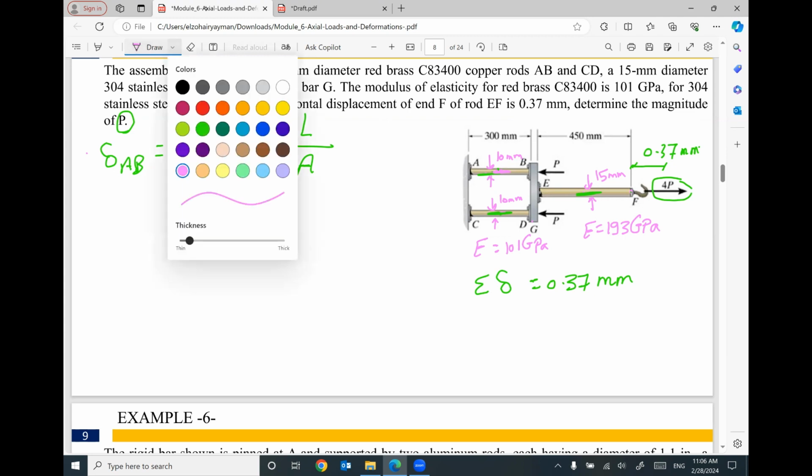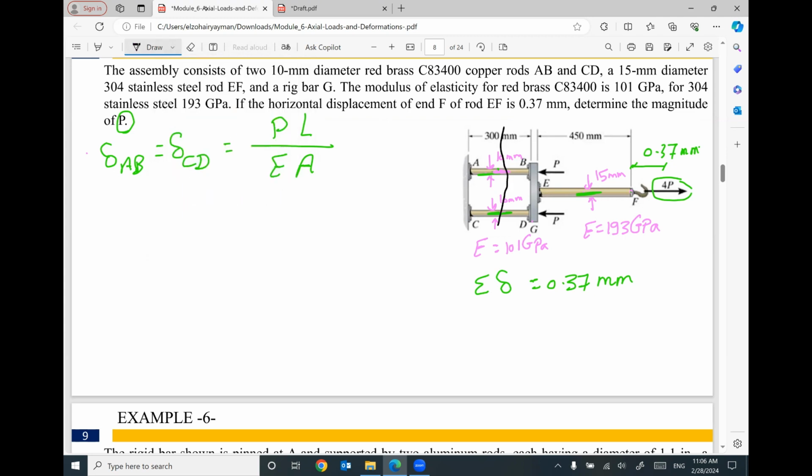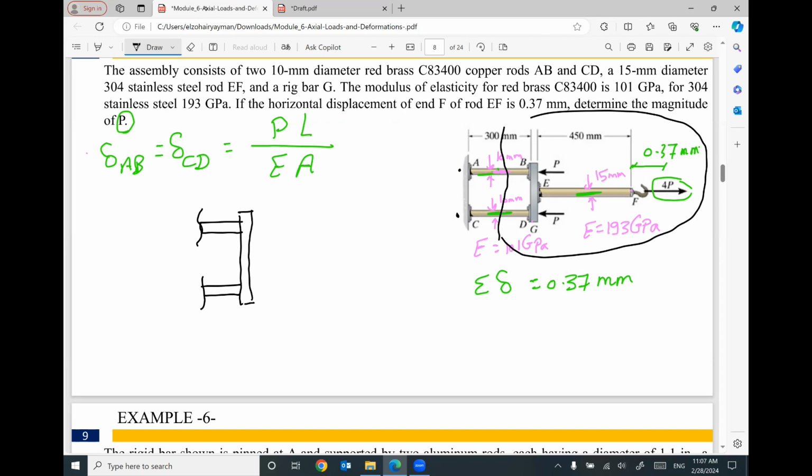If you make a cut and apply summation of Fx, I use the right part because I don't care about the reactions at C and A. I don't know what these reactions are. So with this cut, and this is point G, we have a force P here, a force P here, and a force P here.